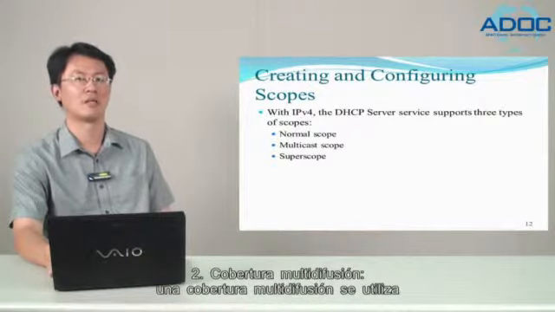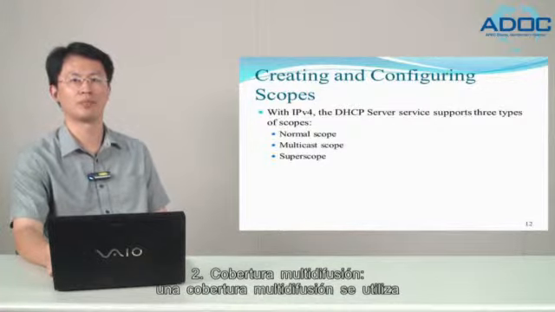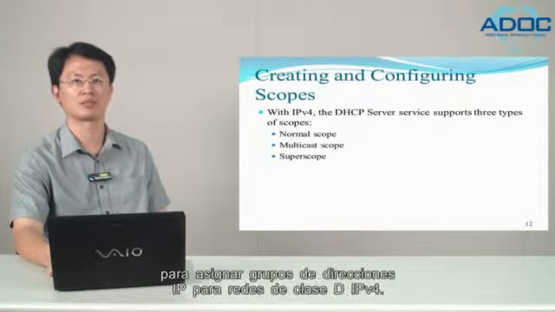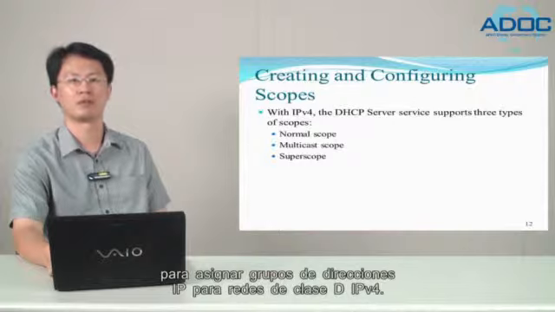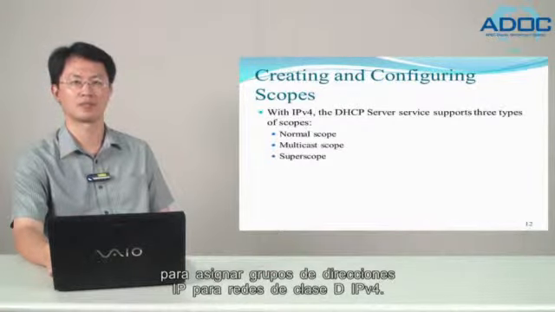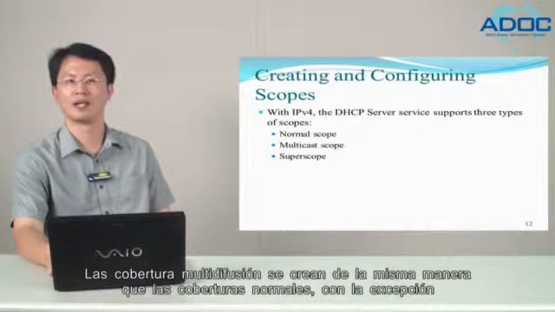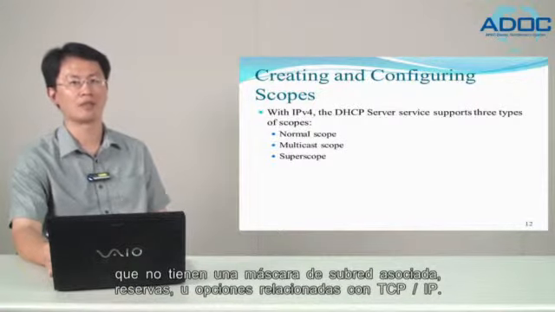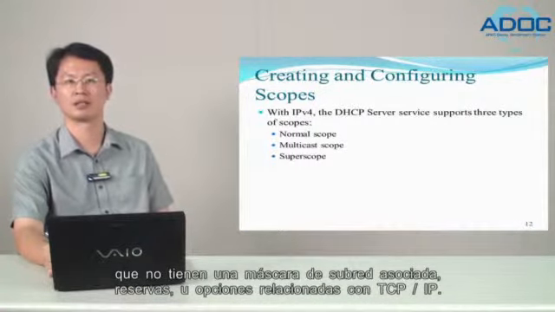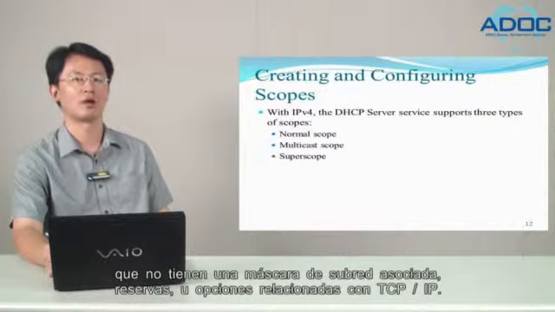And second, multicast scope. A multicast scope is used to assign IP address pools for IPv4 class D networks. Multicast scopes are created in the same way as normal scopes, except that they do not have an associated subnet mask, reservations, or related TCP/IP options.